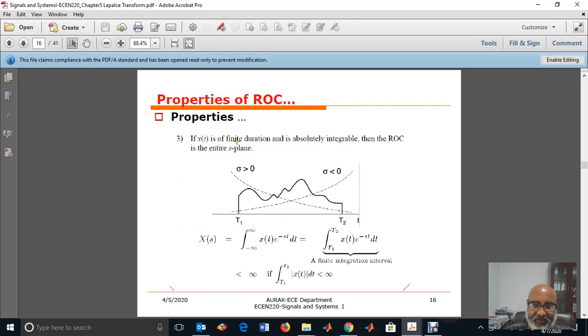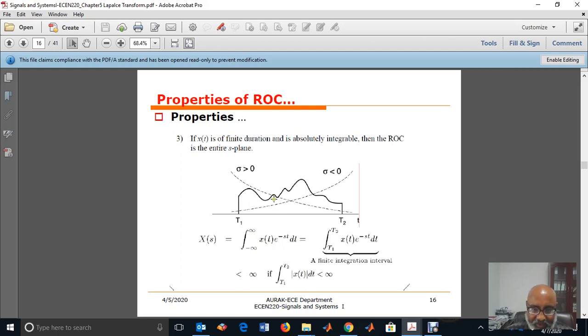If x of t is a finite duration signal and absolutely integrable, then the region of convergence is the entire S-plane. For example, if I have a signal x of t from minus T1 to T2, then if I check the condition of absolute integrability, it is the integration from minus infinity to infinity of x of t times e raised to minus st dt.